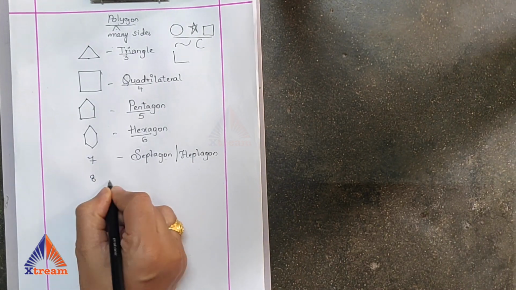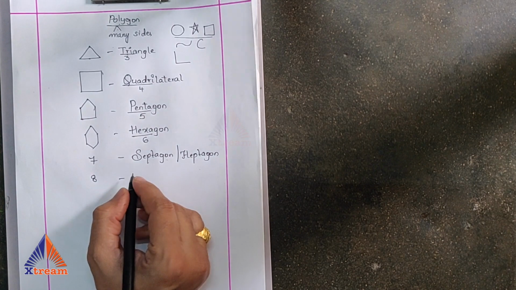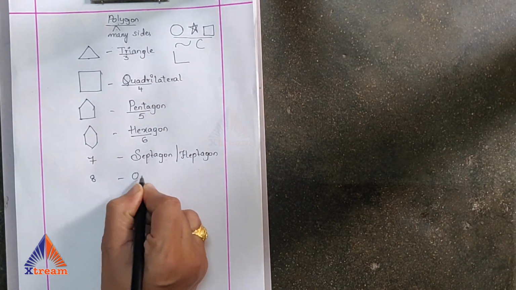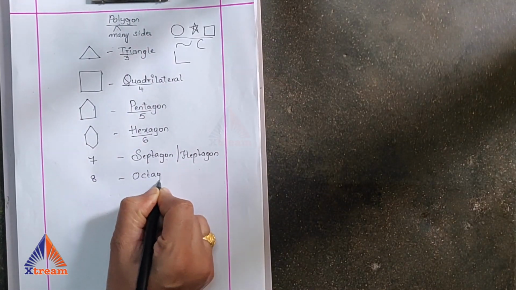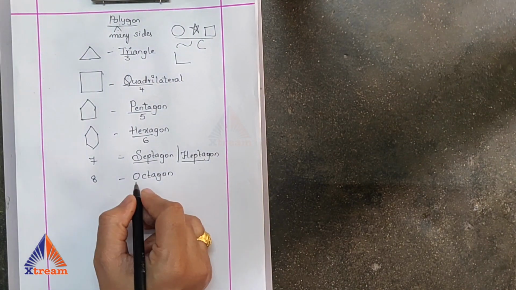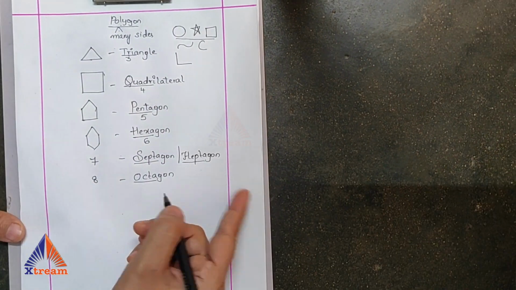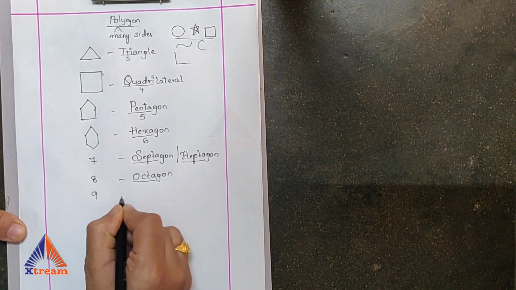Now an 8-sided polygon has a name very similar to octopus, because an octopus has 8 hands, right? So that's the reason we call it an octagon, where hepta is for 7 and octa is for 8.